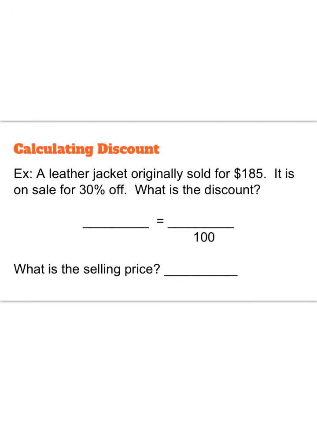All right, this is the problem on the handout that I gave you for your interactive math notebook. It says a leather jacket originally sold for $185. I know that's going to be important. That's the original price. And I also know that it's on sale for 30% off, and I want to know what is the discount. So the percent always belongs over 100, so the 30 goes there.